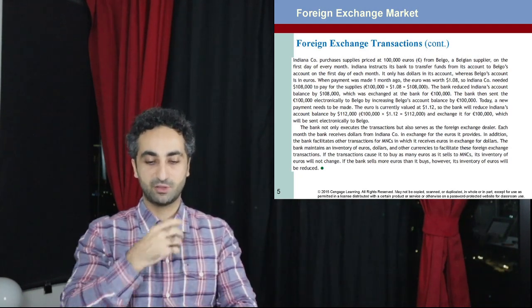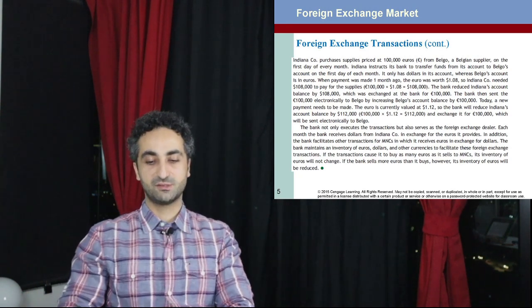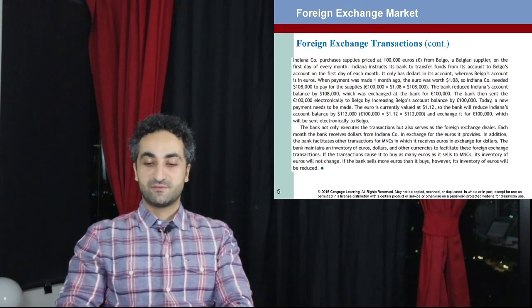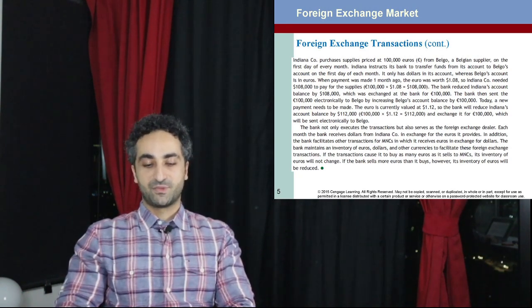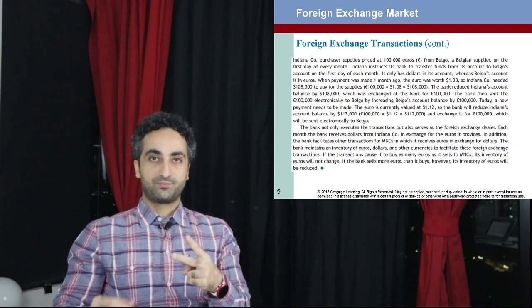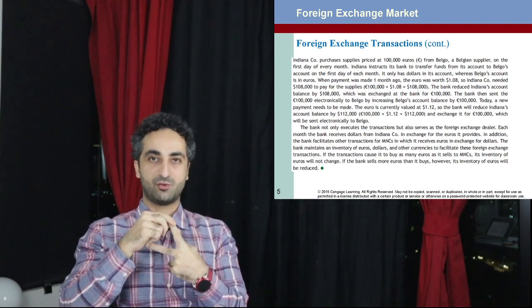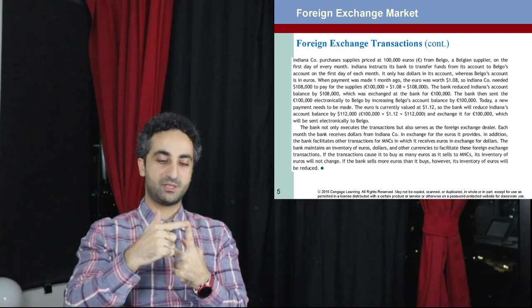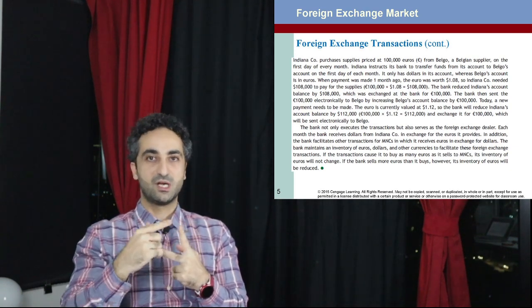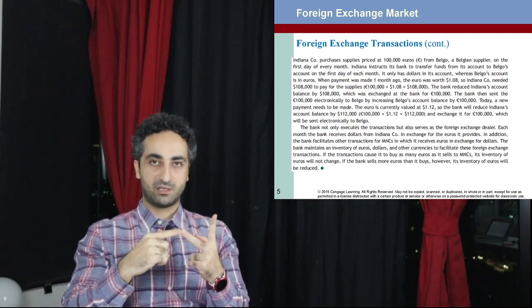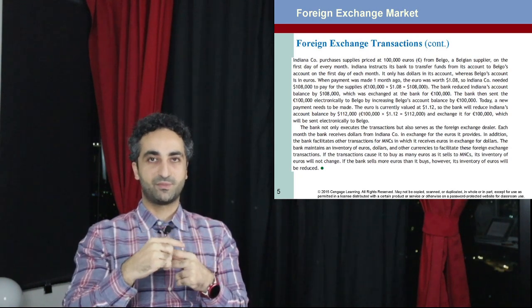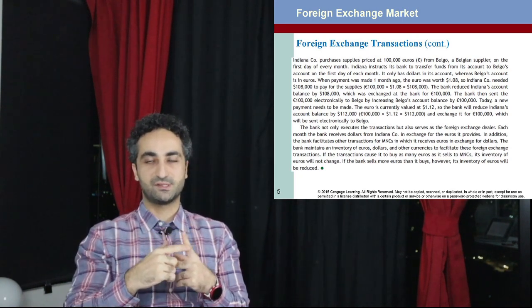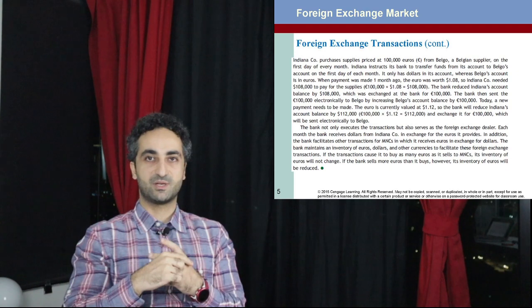The bank not only executes the transactions, but also serves as the foreign exchange dealer. So basically here we're saying, now we have two companies, US company, Belgium company. These companies are doing business. So they need to send money from one to another. The importer is in the US, exporter is in Belgium.